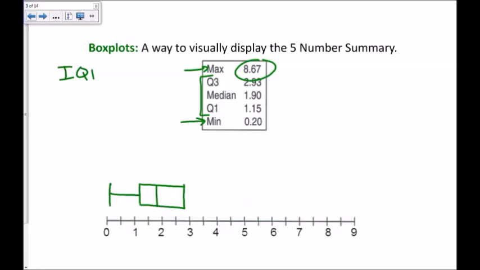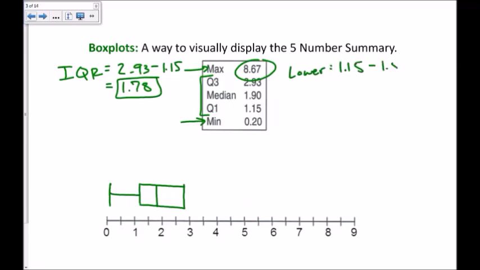The IQR is 2.93 minus 1.15, which is 1.78. So the lower fence is going to be Q1 minus 1.5 times the IQR, which is negative 1.52.